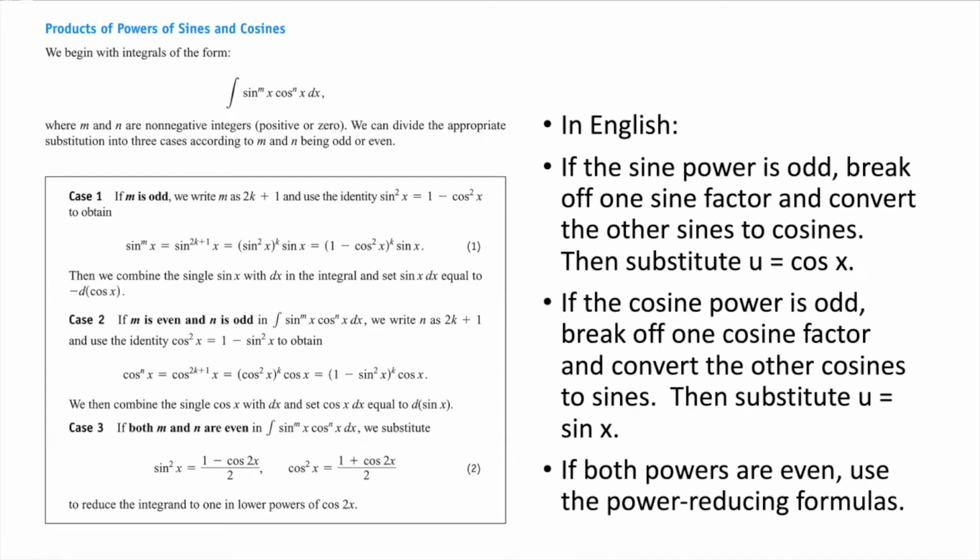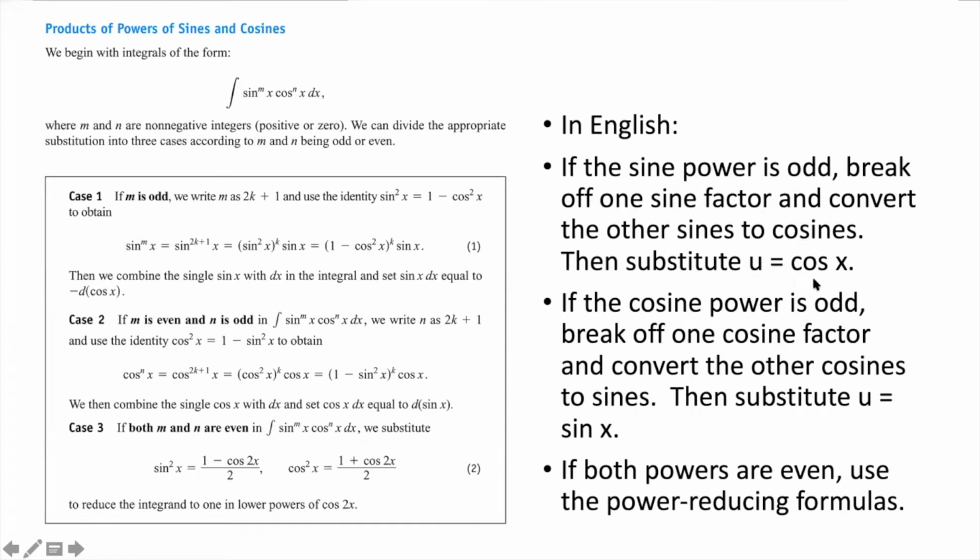Yeah, case 2. All right, and you do the same thing if the sine power is odd. You're going to break off one sine factor and convert the other sines to cosines. And then your substitution will be u equals cosine x, or whatever letter you want to use. It doesn't have to be u.